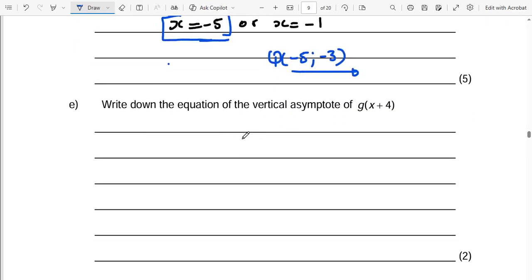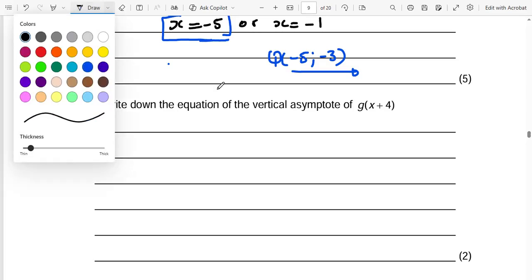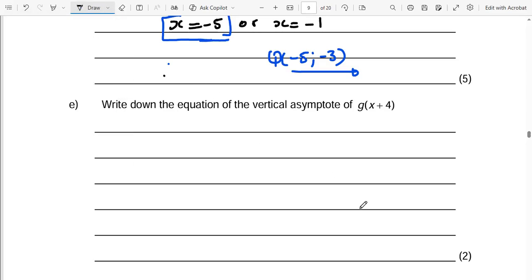Let's look at the next question. Write down the equation of the vertical asymptote of g at x plus 4. When they want the equation, first thing first, find the new graph before you can do anything. The original g at x was 4 over x plus 3 minus 1.